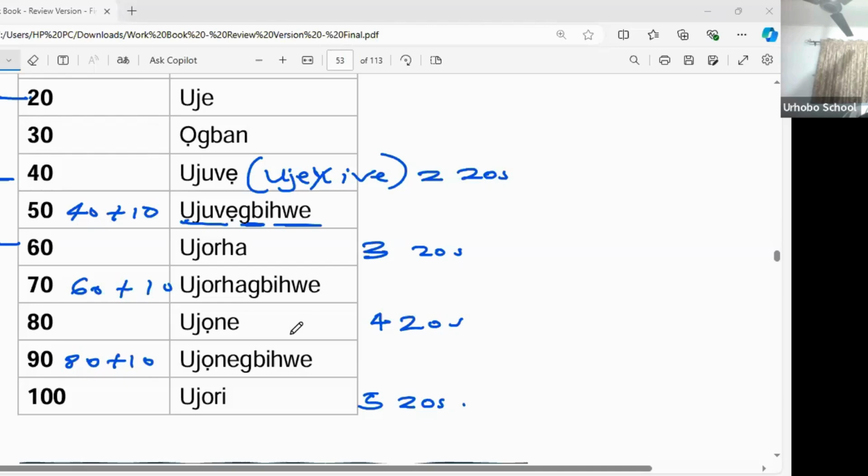So very easy. So 99 becomes what? Ujone Gbikwe Bilili. That is 99. So 96.